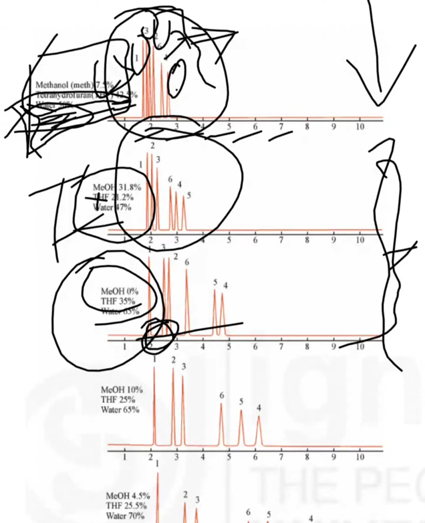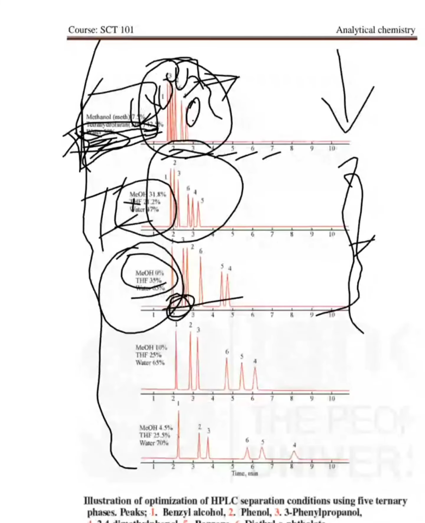These all 5 chromatograms are for the same sample. This is not for different samples. This is the same sample that we have taken. Here 1, 2, 3, 4, 5: benzyl alcohol, 2 is the phenol, 3 is the phenyl propanol, 4 is the 2,4 dimethyl phenol, and 5 is the benzene. Here also this 5 is benzene itself.